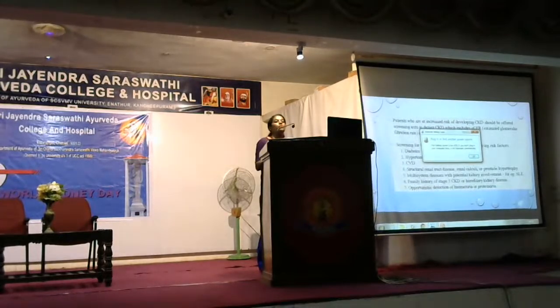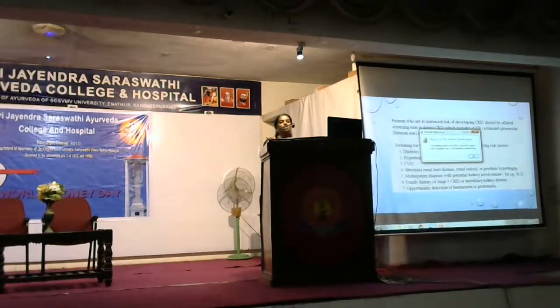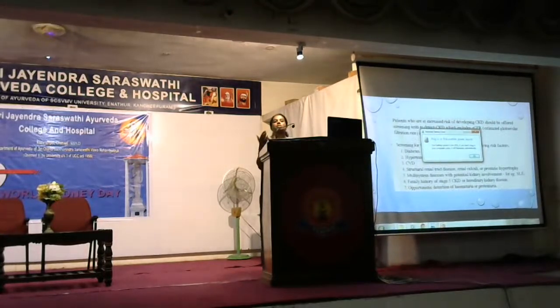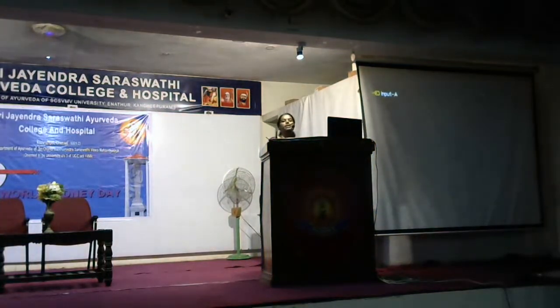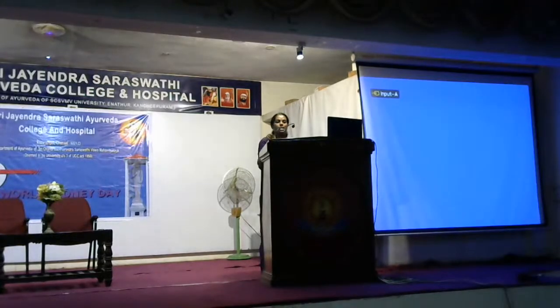The risk groups of chronic kidney disease are diabetes, hypertension, cardiovascular diseases, especially ischemic ones, structural renal tract diseases like calculi, multi-system diseases like systemic lupus erythematosus, and those who are asymptomatic with a positive family history. If any family members have congenital kidney disease or stage five chronic kidney disease, their direct relatives or first-degree relatives should undergo screening for chronic kidney disease.